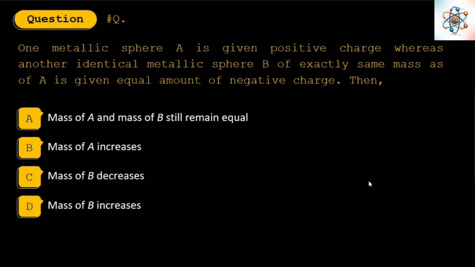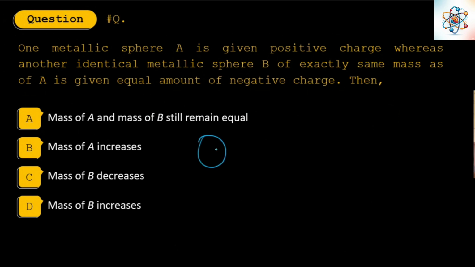One metallic sphere A is given a positive charge, whereas another identical metallic sphere B, of exactly the same mass as A, is given an equal amount of negative charge. Then, basically, we have to explain which is heavier, or how charge gets transferred so that we can see the change in mass when we have given this amount of charge to two spheres.